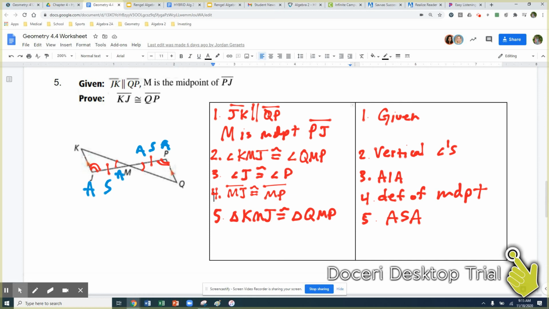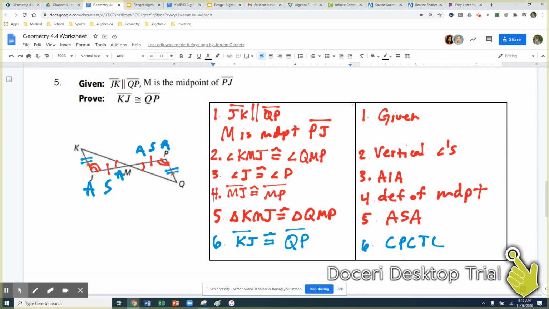We know the rest of the pieces are congruent as well, because if the triangles are congruent, then any other pieces are congruent as well. So over here, we were trying to prove that QP and KJ are congruent. Well, now I know QP, KJ are congruent because the triangles are congruent. So this 6th step, I'm going to put in blue. I'm going to say that KJ is congruent to QP because of CPCTC.